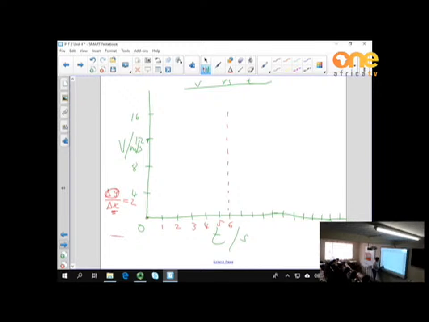So what over 6 is going to equal 2? 12. So the change in velocity from rest must be 12. Did you follow me? Who didn't follow? Okay. So there goes the first part. Who had that right? Good. Well done.